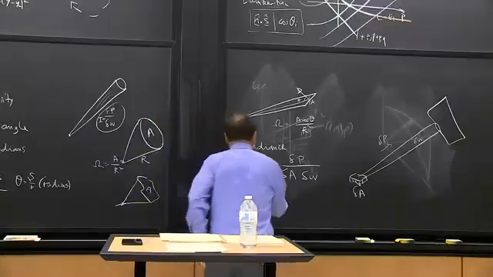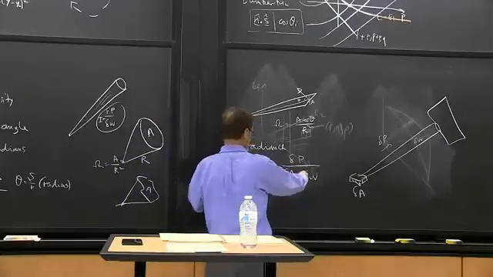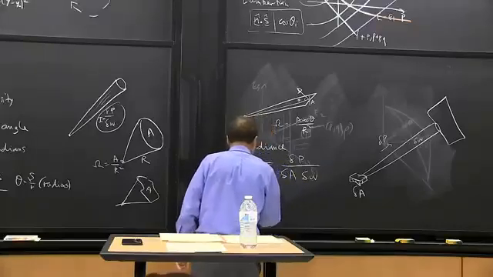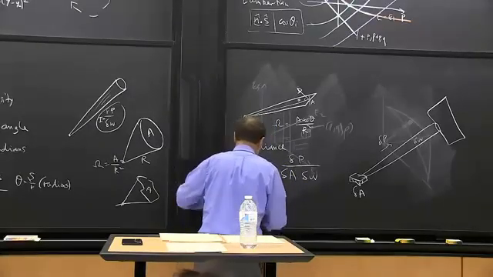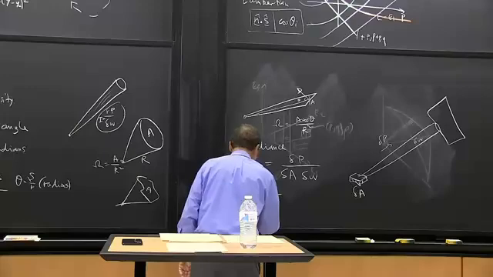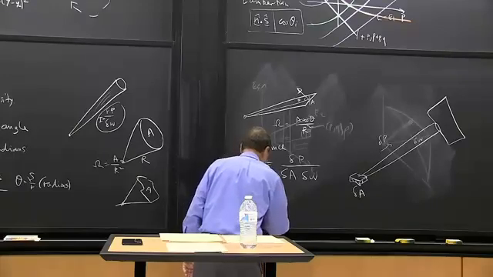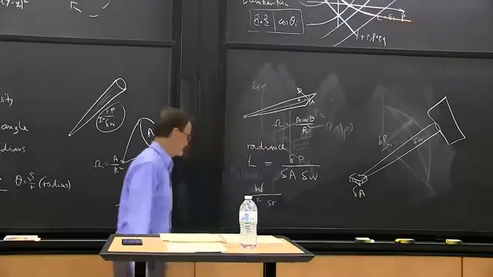So that's radiance, and it's power per unit area per unit solid angle, or in terms of units, it's watt per square meter per solid angle, steradian.